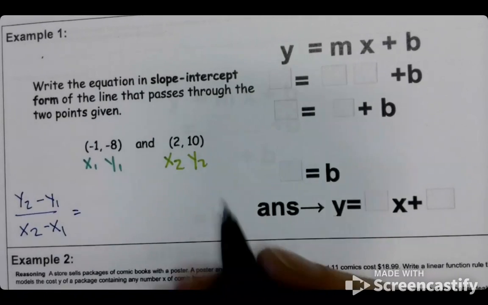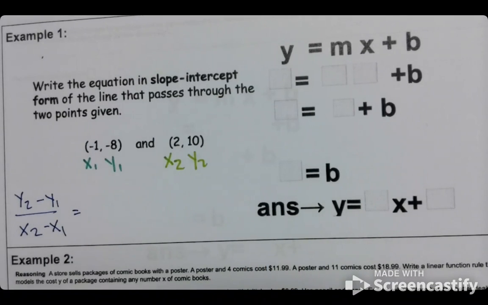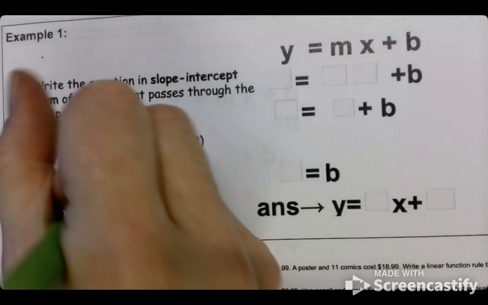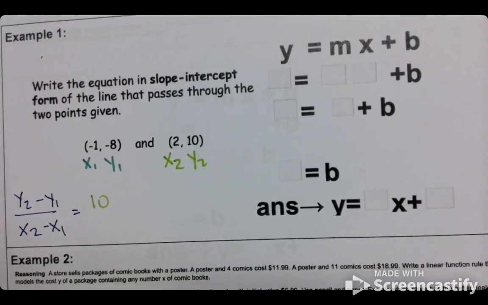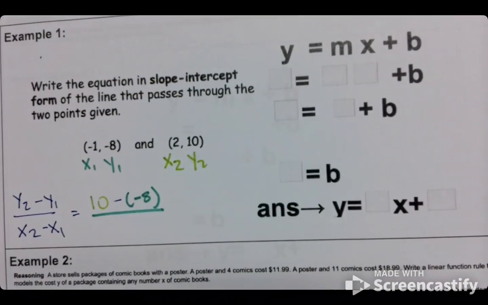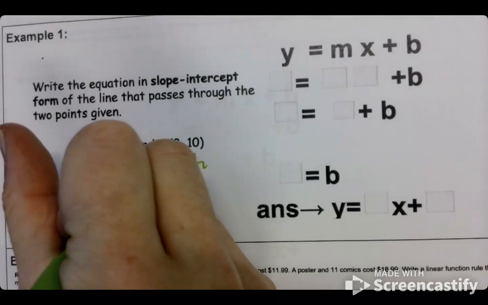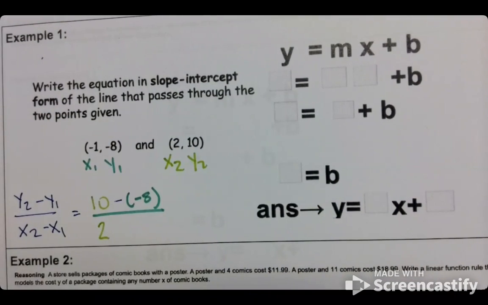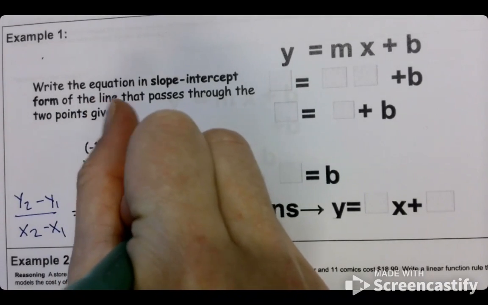And then from there, we're going to plug in. So we have y2, which is 10, minus y1, which is -8, all over x2, which is 2, minus x1, which is -1.